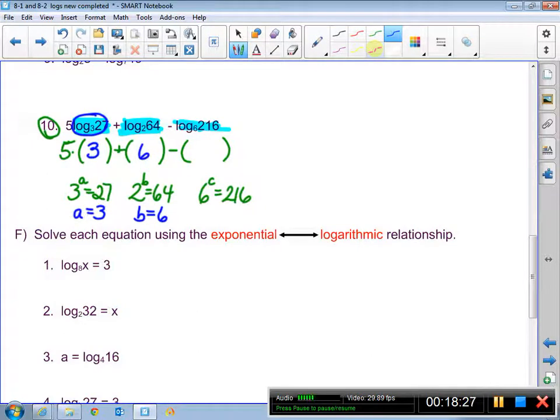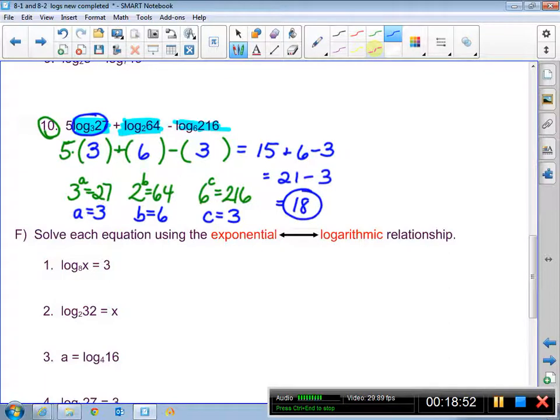And the third one, 6 to what power? 6 squared is 36. 6 cubed is 216. So that last part is 3. And we have 15 plus 6 minus 3, or 21 minus 3, or 18.